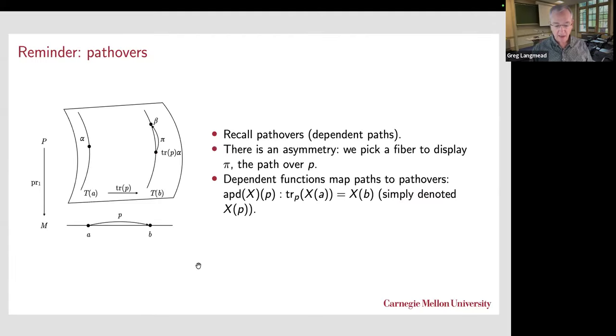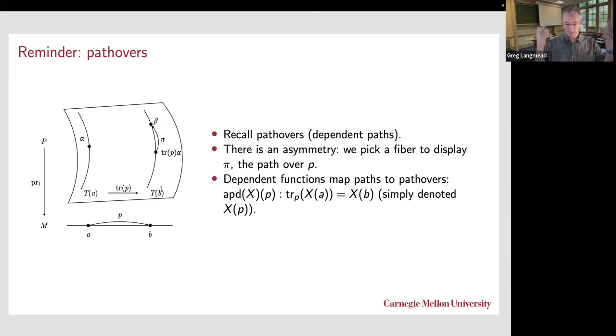If you have a type M and two points A and B and a path P between them, and a type family over that with alpha in the fiber over A and beta over B, then the type of paths over P is the type of paths, like this pi path, that go from the transport of alpha over here to the native point beta that we started in that fiber with. So you have to pick a fiber, go over there, and look at paths there. That's the type of path overs.